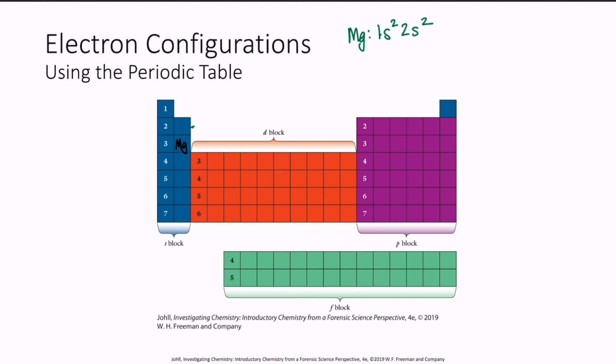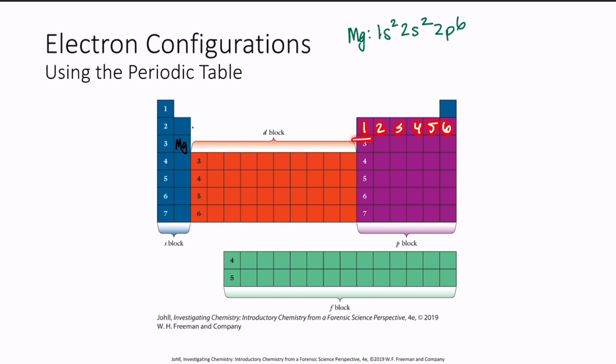And then I'm going to go all the way over to the P block. So we'll go all the way over here and fill in these P electrons right here. So this is going to be still in the second energy level. Now we're in the P block though. So we're using the P orbitals. 2p6. Notice when I'm filling in my electrons, 1, 2, 3, 4, 5, 6.